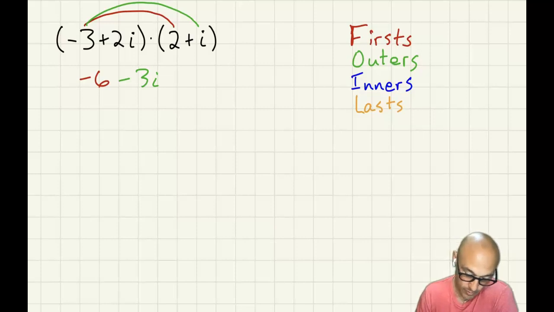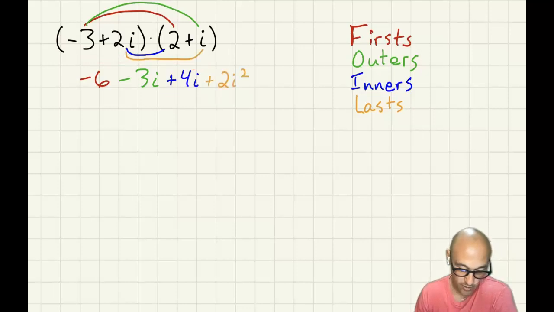Inners are going to be those ones, so 2i and 2. So that's going to be plus 4i. And lasts will be the 2i and the i. So 2i times i is plus 2i squared.